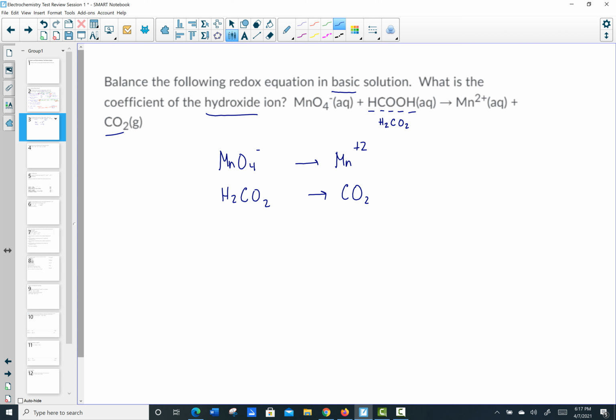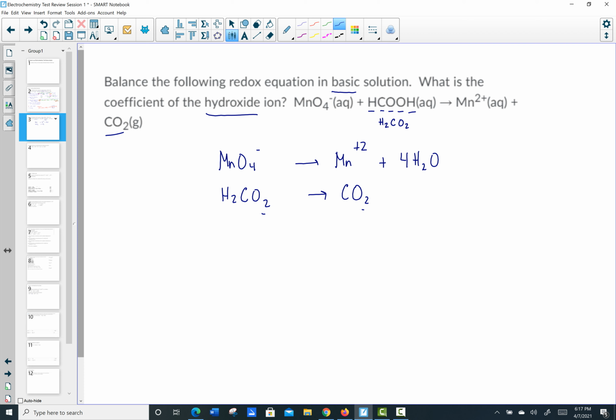Let's go to work. We're going to balance all elements that are not hydrogen or oxygen, and that is accomplished already. We then move to balancing the oxygens by adding water. In the first half reaction, I need to add 4 waters to make sure I have 4 oxygens on both sides. In the second half reaction, notice that we have the oxygens balanced already, so no need to do anything about oxygen.